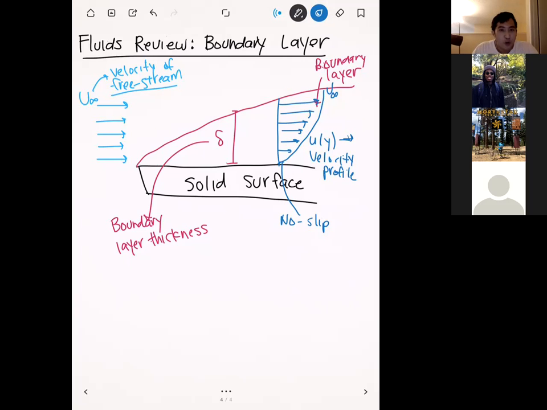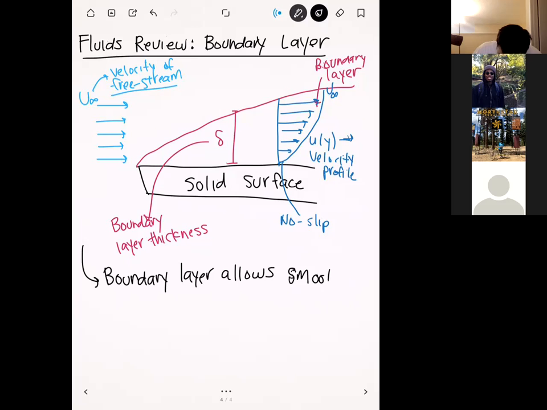The whole purpose of the boundary layer is to provide a smooth transition between our two extremes, which are the different values of velocity.